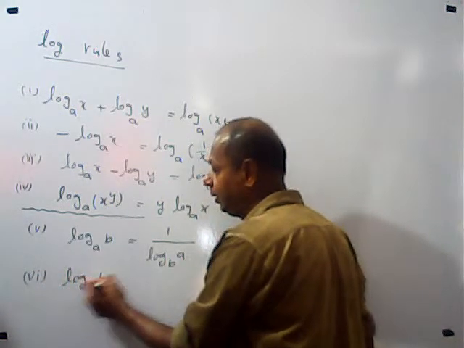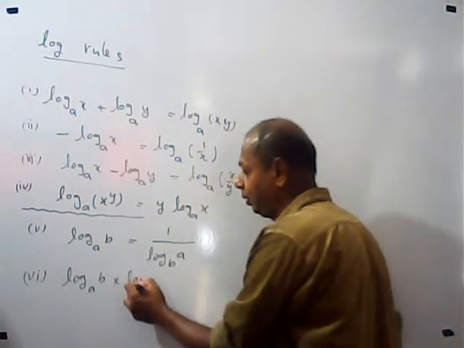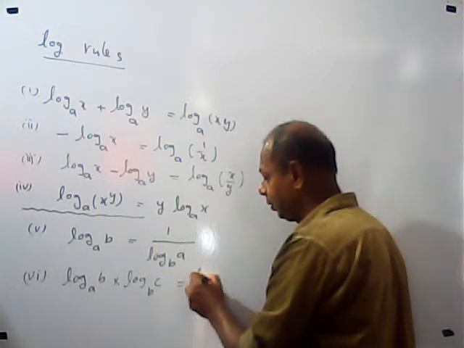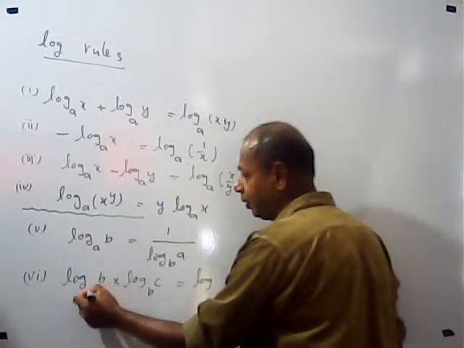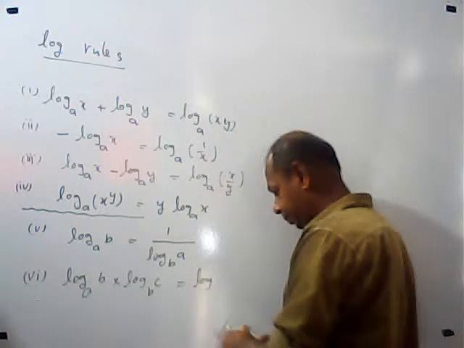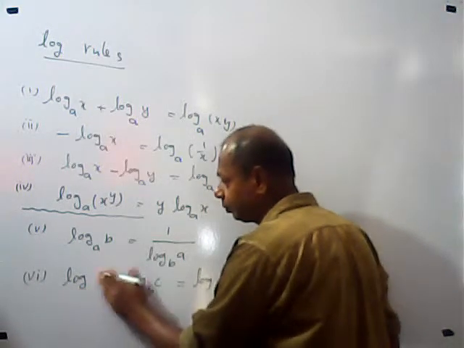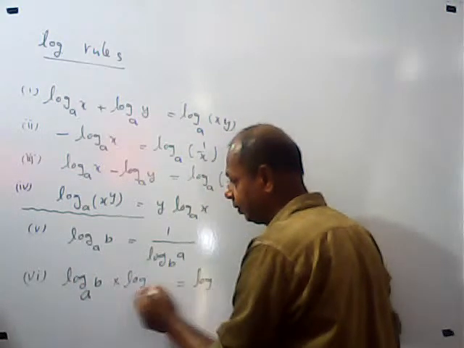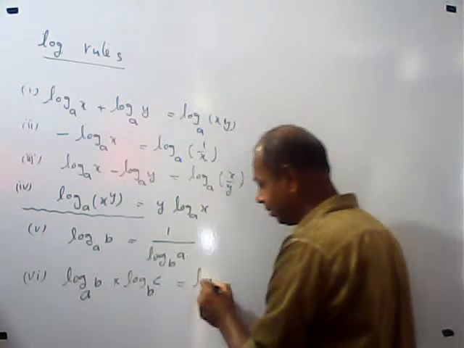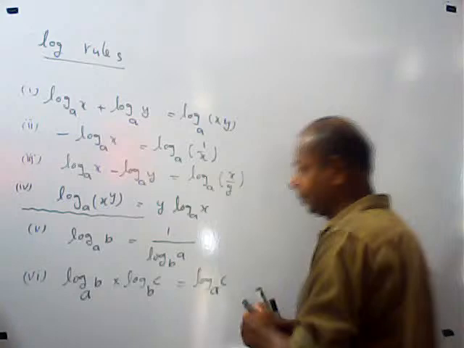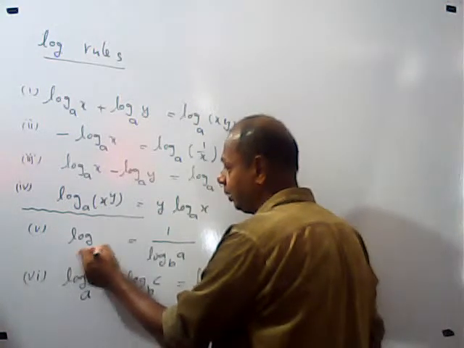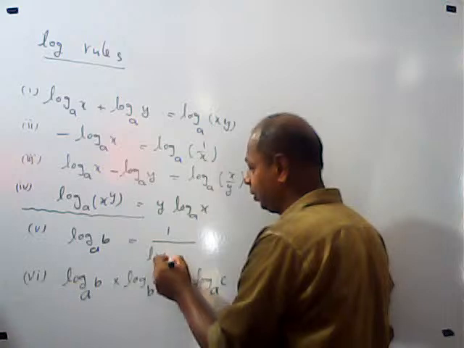Log_a b into log_b c equals log_a c, right? Here it is log_a b equals 1 over log_b a.